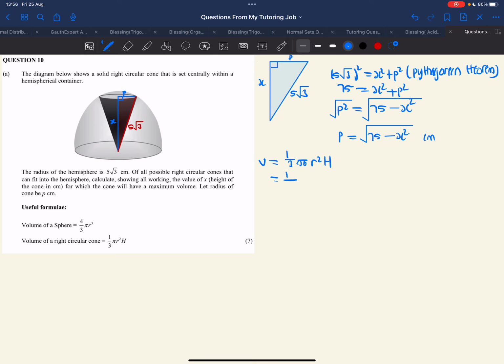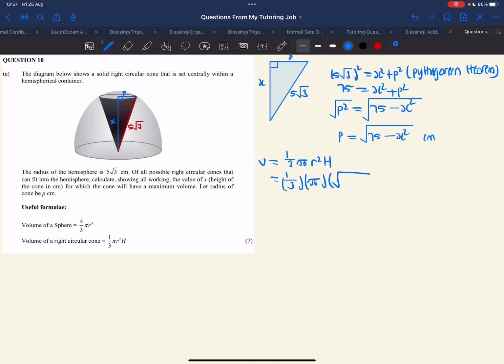So we're going to have 1 over 3 multiplied by pi r squared. Now we have r as the square root of 75 minus x squared, let me show you.